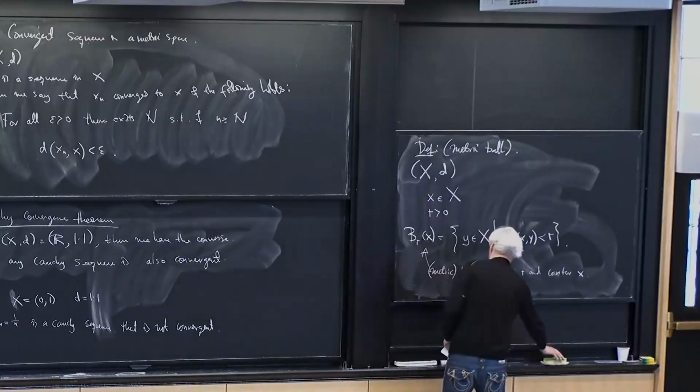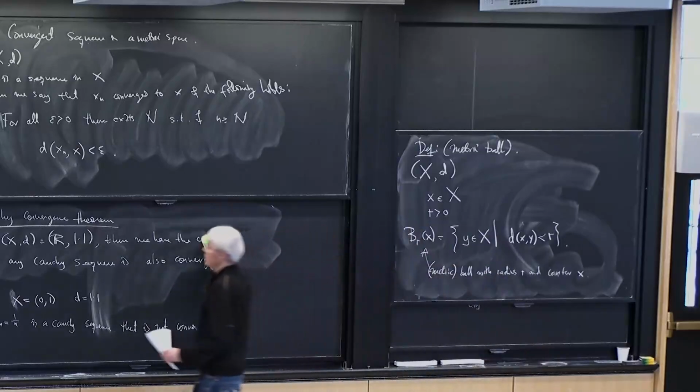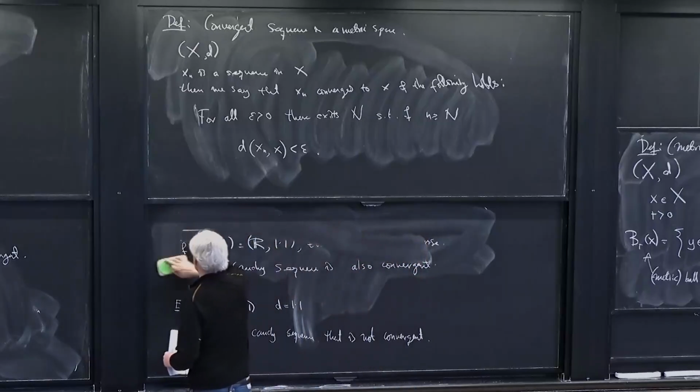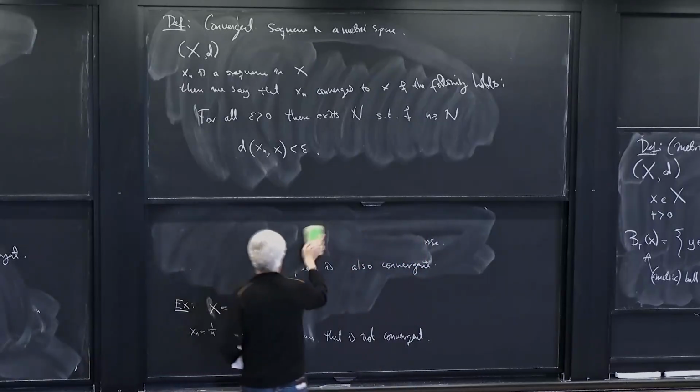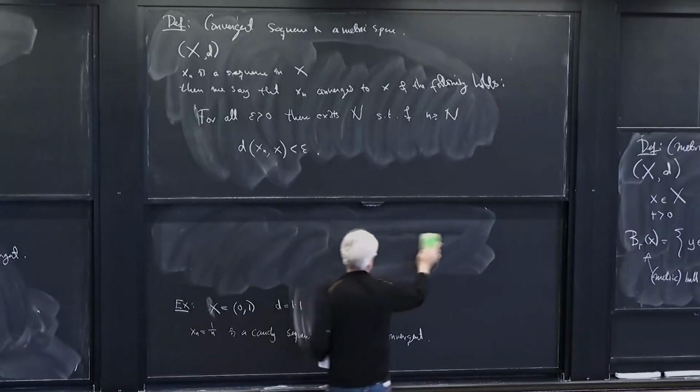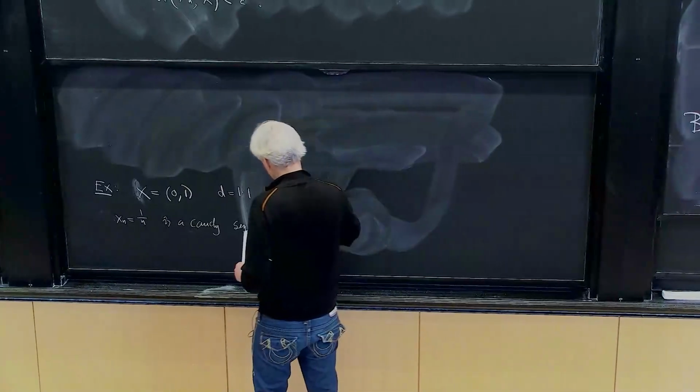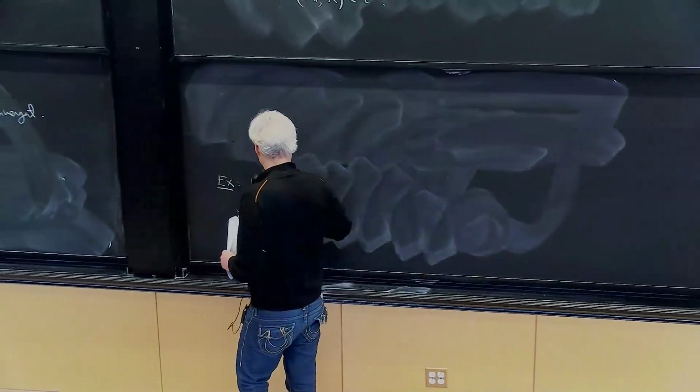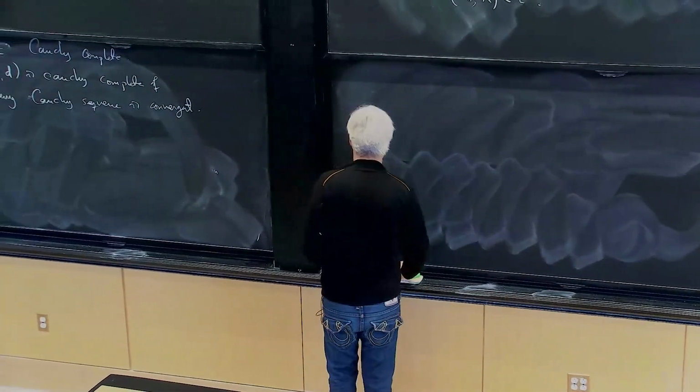Now let me just illustrate it. A lot of the intuition about metric spaces comes from thinking about Euclidean space, but you have to be careful because sometimes that intuition fools you, just because metric spaces are allowed to be very general.